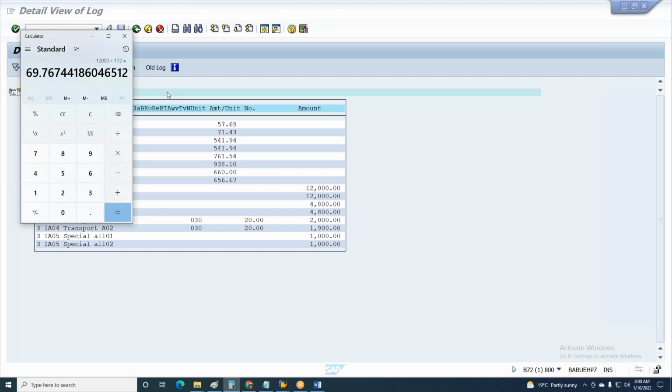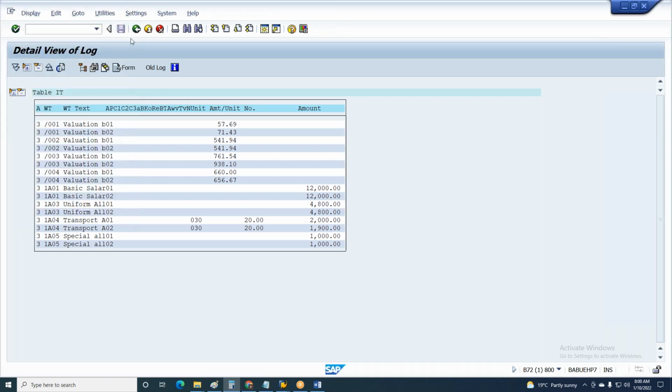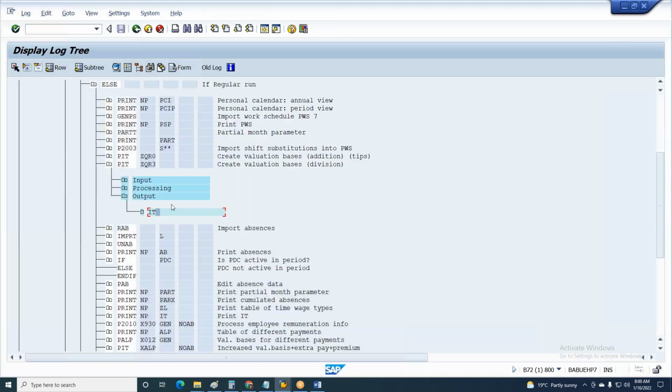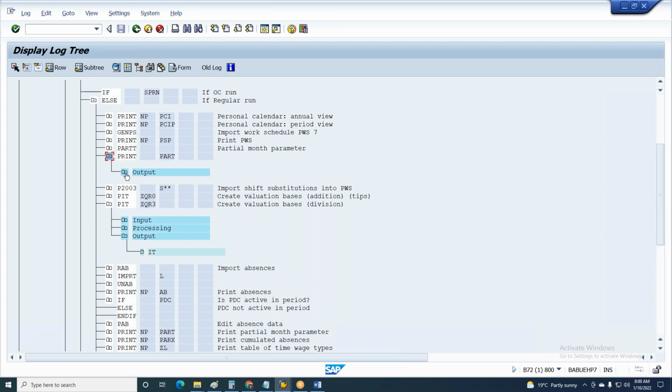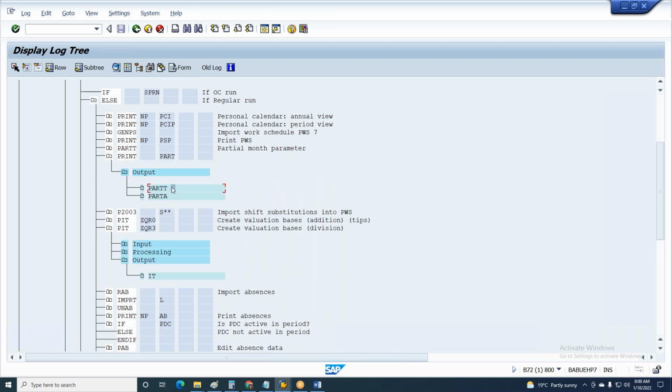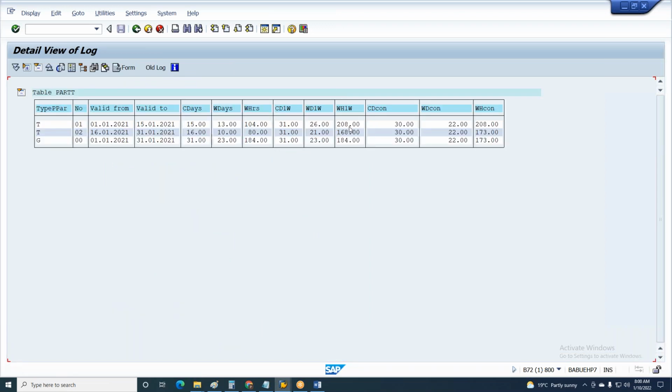No. 171. How many hours are there? 168 or 166. Verify it. Divide by 168. Sorry, it's 168. It is taking 168.